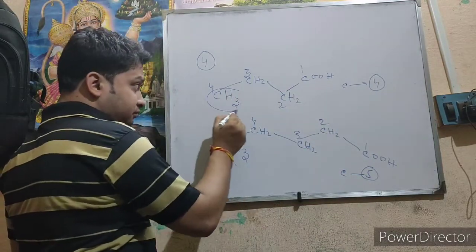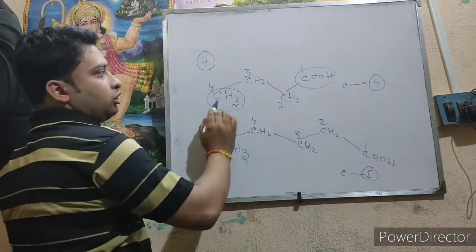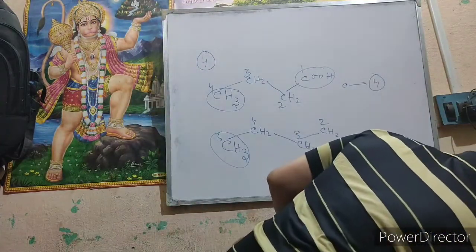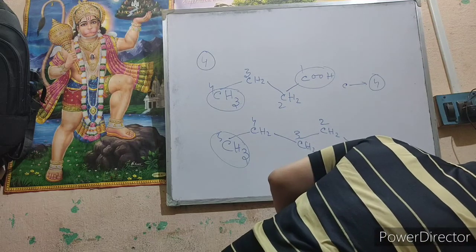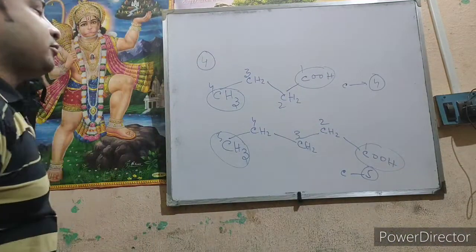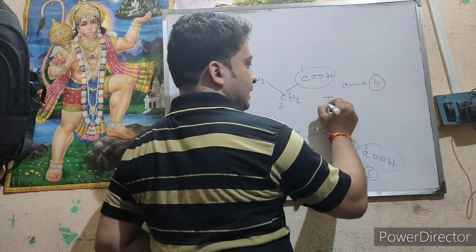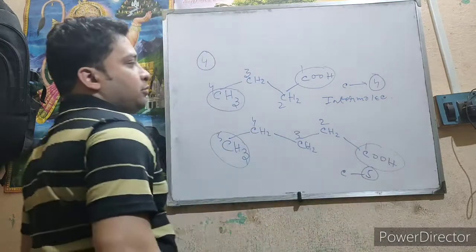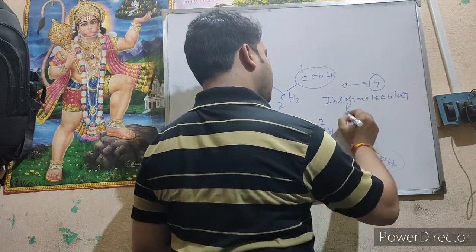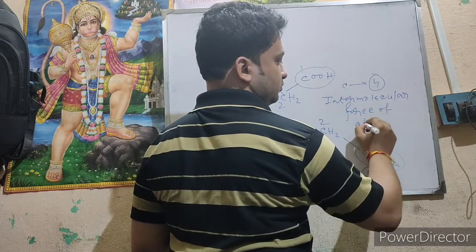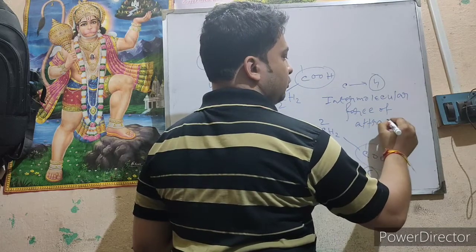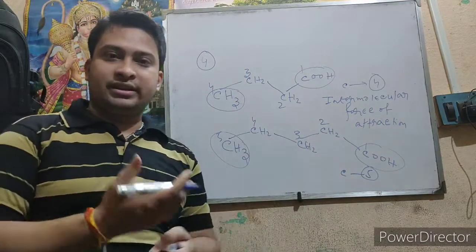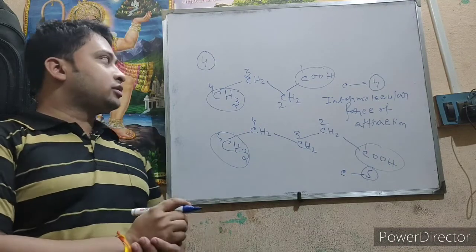Another factor is whether the CH3 and COOH are on opposite positions or on the same side. So for melting point, the intermolecular force of attraction matters. Where the intermolecular force of attraction is high, it gives you a high melting point.